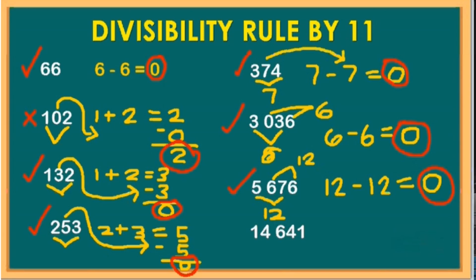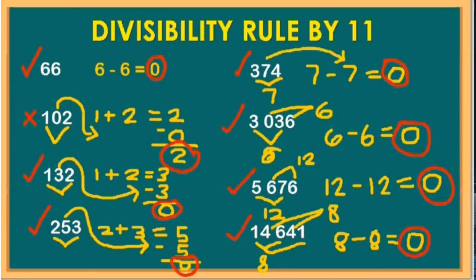Next, 14,641. Alternating digits again. 1, 6, and 1. So 1 plus 6 plus 1 is 8. Then the other digits, 4 plus 4 is 8. 8 minus 8 is 0. So, therefore, 14,641 is divisible by 11.